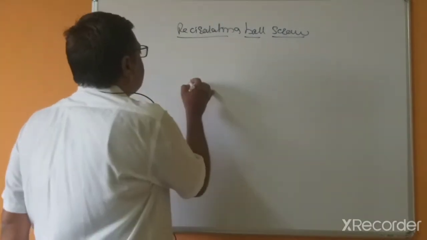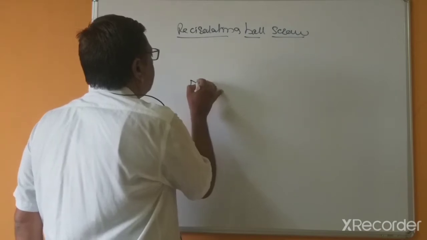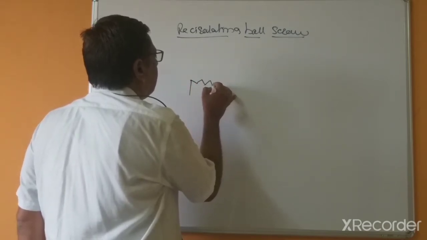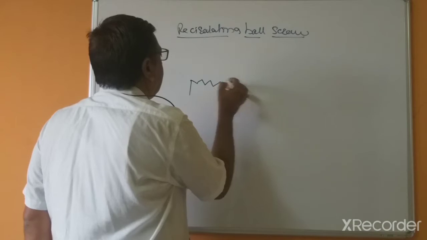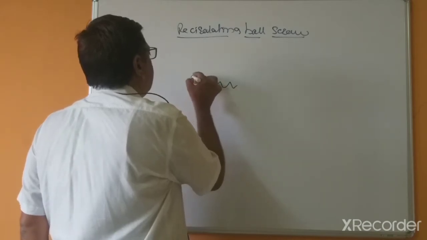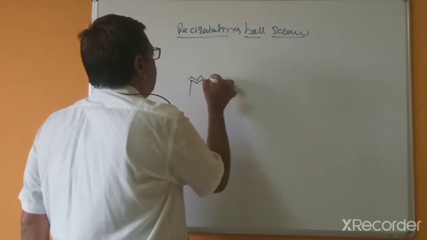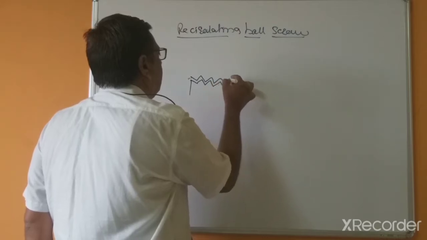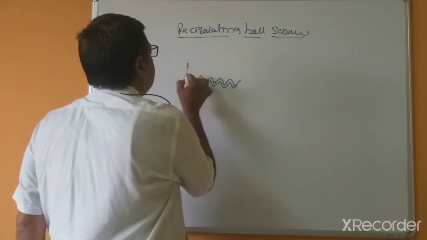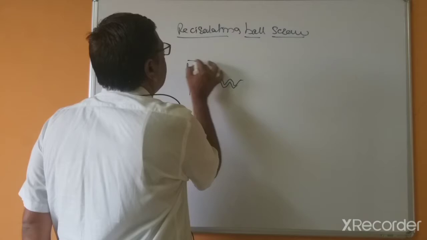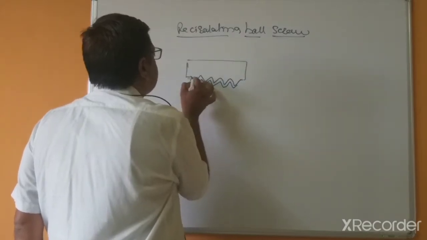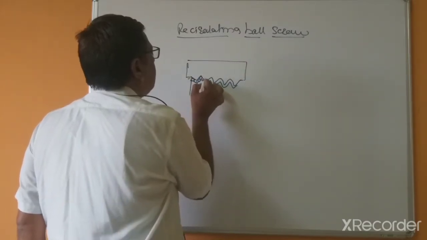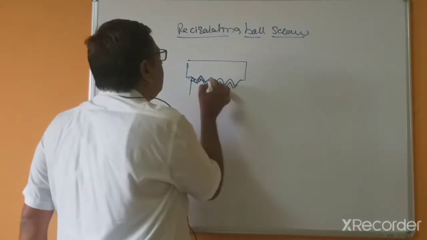Suppose the threads, and this is the thread above the nut. So here, this gap is filled up by the balls.